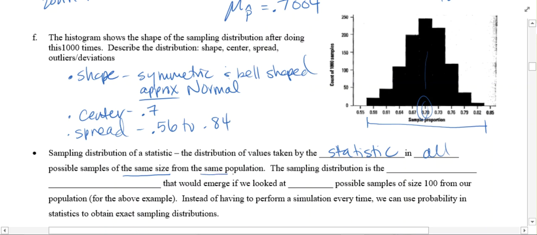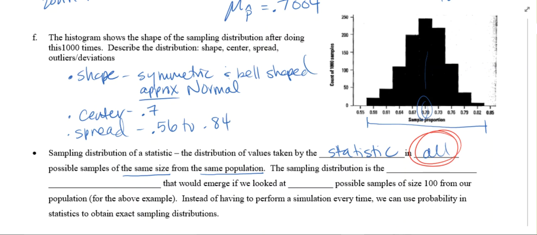The key thing here is we're talking about all. When we talk about a sampling distribution, it's the perfect distribution, not just one that we can come up with in class. Even the one we just saw is only for 1,000. This is doing it infinitely many times, so you get the perfect theoretical distribution because you have all possible samples.